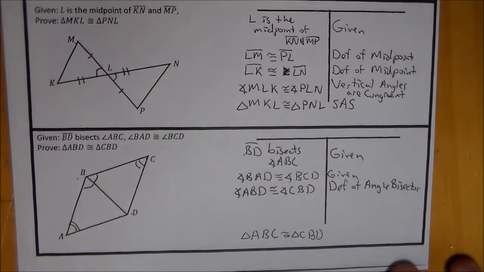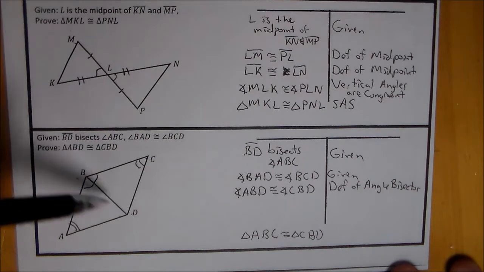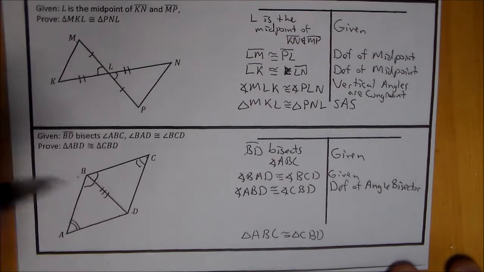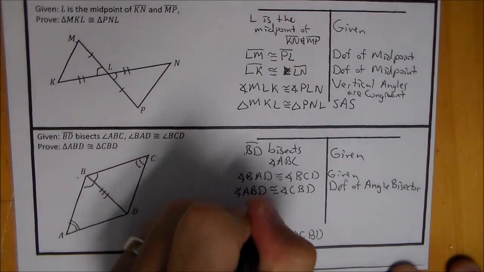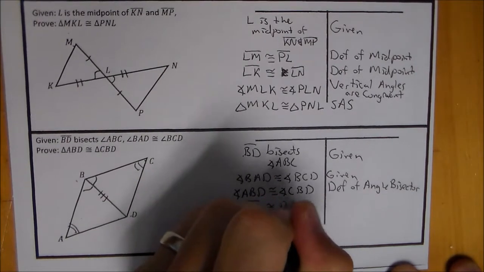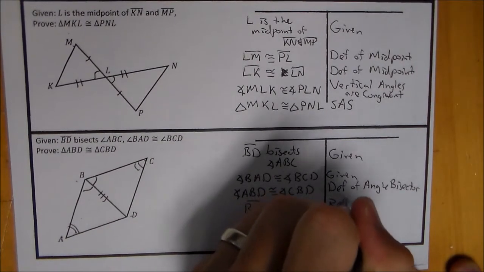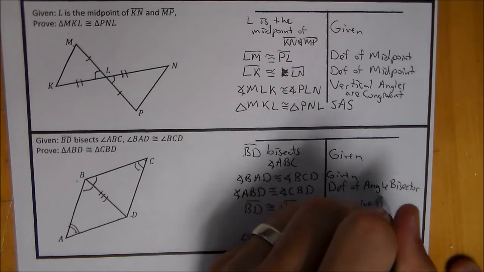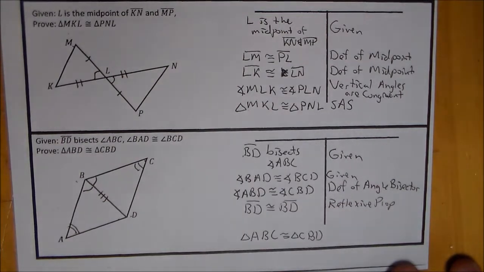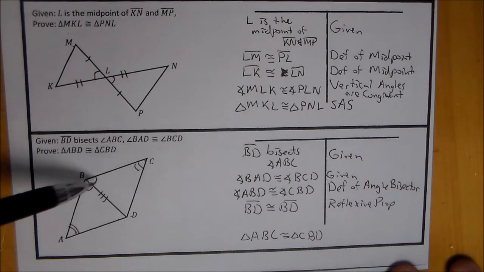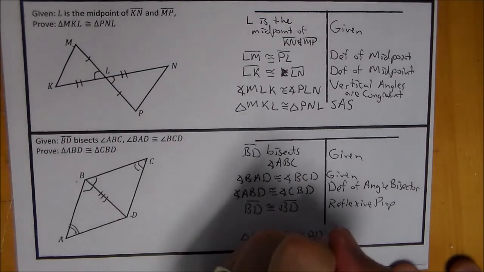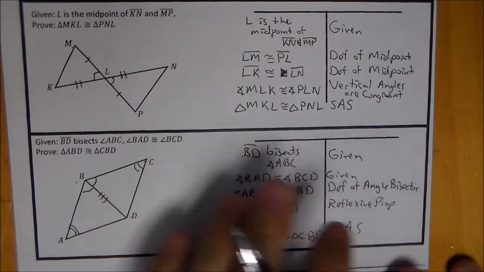So last thing is we need one more piece, and if I look at it, I have a shared side here. So this side, BD, is congruent to BD by reflexive property. And now we need our type of congruence, because we have two angles and a side, and the side is not between the angles. We write this as angle, angle, side.